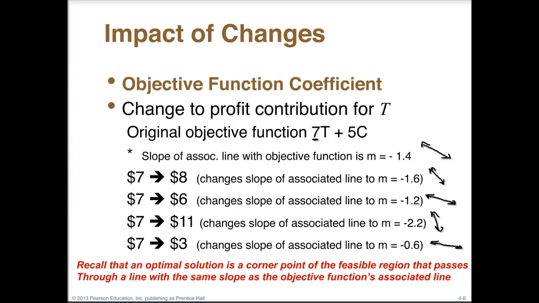We want to recall again that the optimal solution is the corner point of the feasibility region that passes through a line with the same slope as the objective function associated with it. I'll read that one more time. Recall that an optimal solution is a corner point of the feasibility region that passes through a line with the same slope as the objective function.